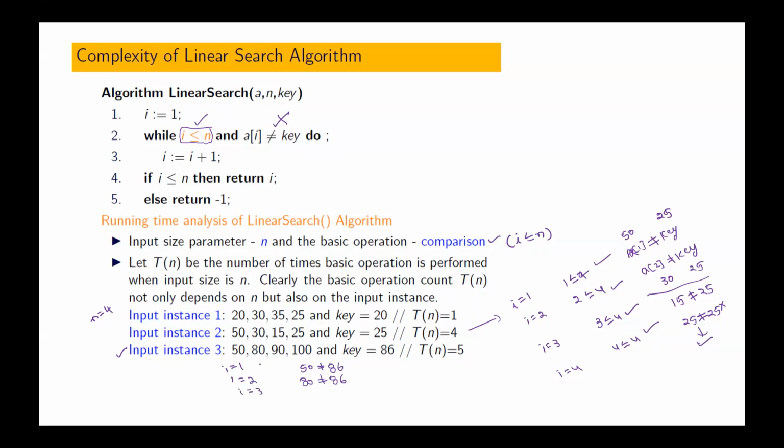Those conditions are checked: 1, 2, 3 less than or equal to 4. Next, i becomes 4. 4 less than or equal to 4, true. Here 100 is not equal to 86. Next, i becomes 5. 5 less than or equal to 4 is checked, but the condition fails. Correct, no? Now, how many times is that condition checked?